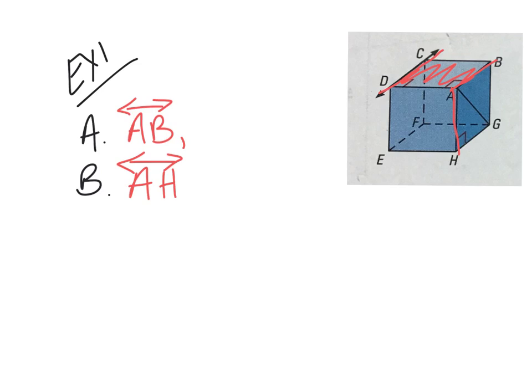Because the whole line is not on the plane, just one of the points. Good questions. So is there any other lines maybe? Oh, you can do that. AG. Yep. So line AG would be the other one. Make sense?